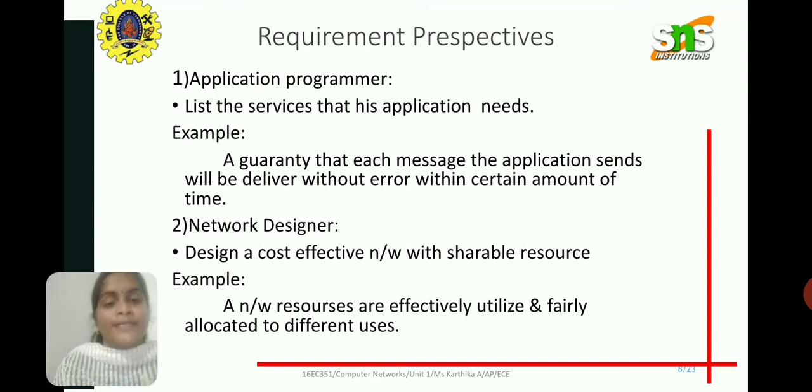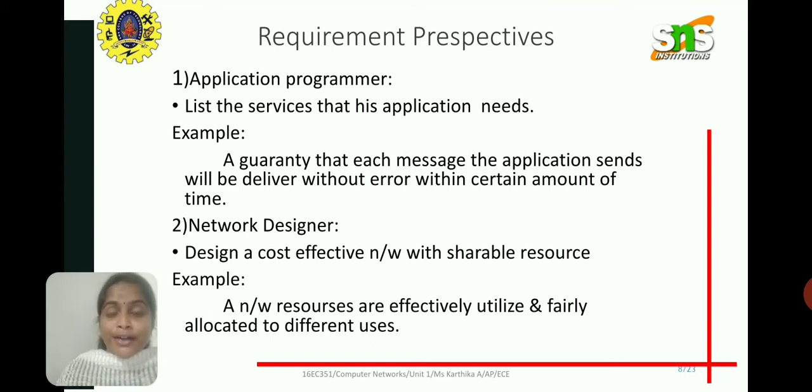The second one is the network designer. What is the role of the network designer? To design a cost effective network with shareable resources that everyone needs. For example, the network resources are effectively utilized and fairly allocated to different users.